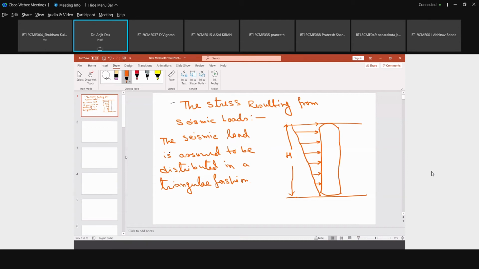Minimum at base and maximum at top. It is a general experience.